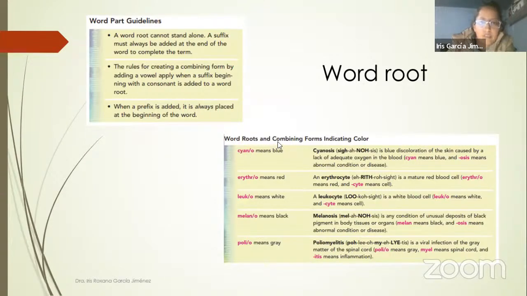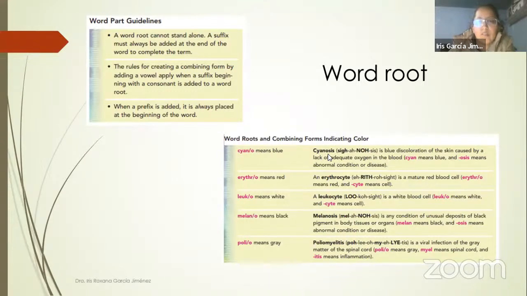Word roots and combining forms are indicated in color. We have this color in magenta with the added vowel, and it's showing us the meaning. Cian is the word root with the vowel O combination. Ciano, we know, is blue.